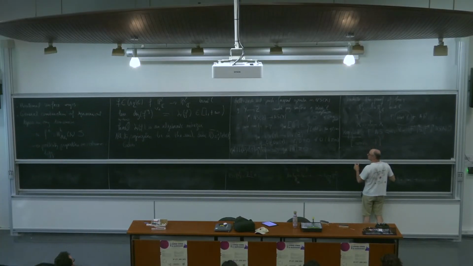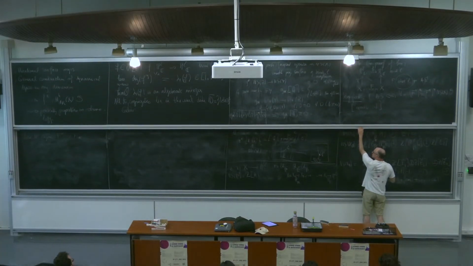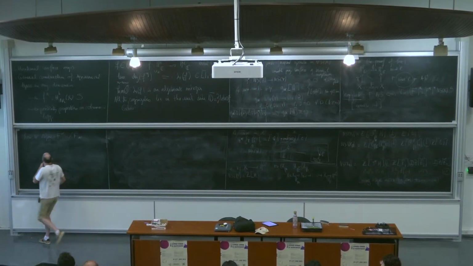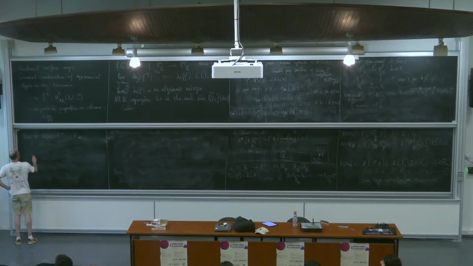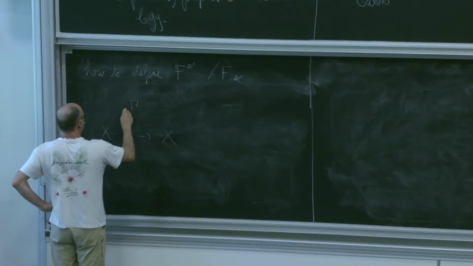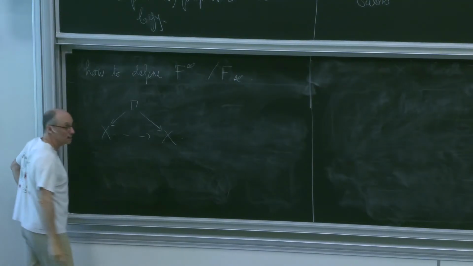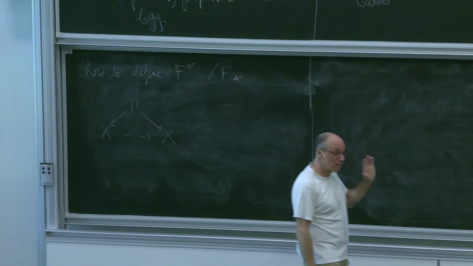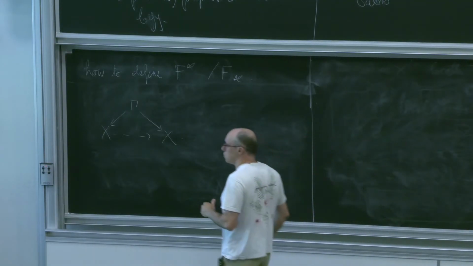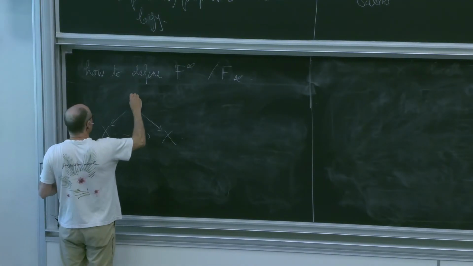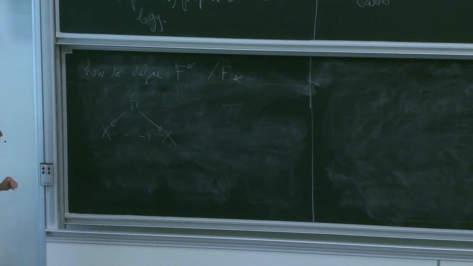Now, this is a crucial point, so let me spend some time on it. Remember that you have your birational map from X to X, and this is determined by its graph, let's say gamma. But the graph is not necessarily smooth, so it's not very nice. So I'm going to take any resolution of singularities of this graph, denoted gamma hat, to not confuse with the notation I had before.